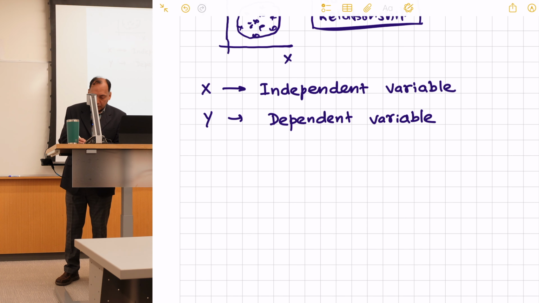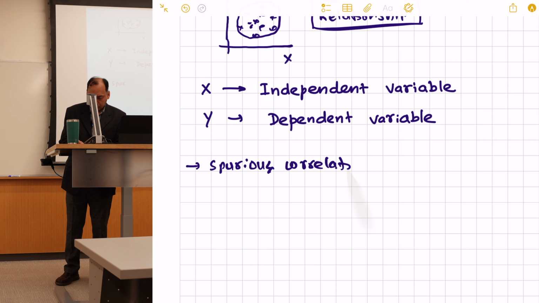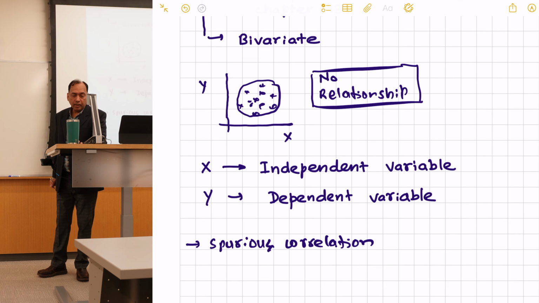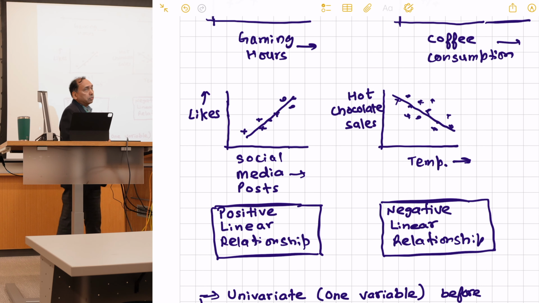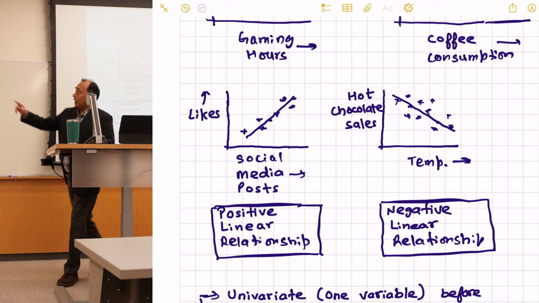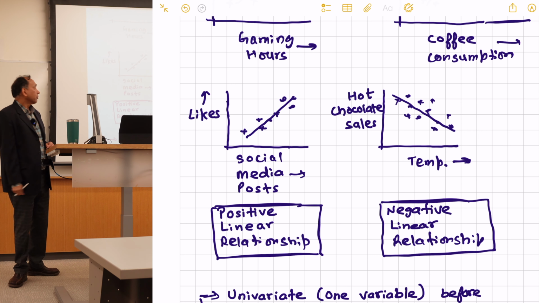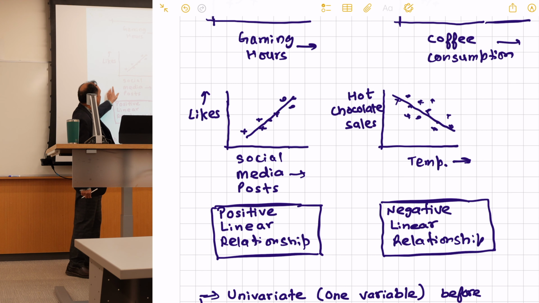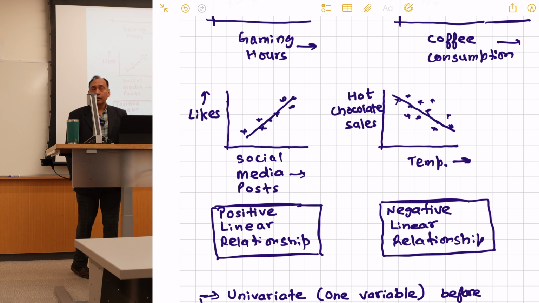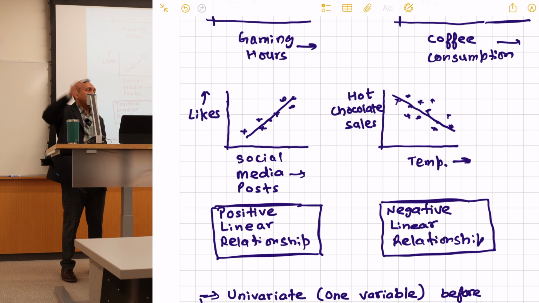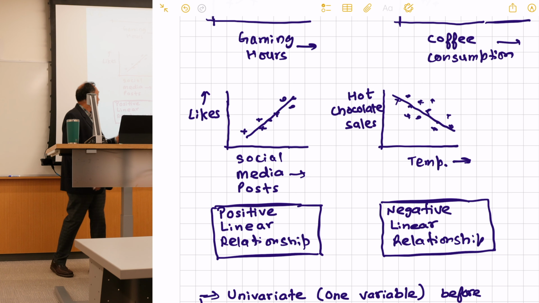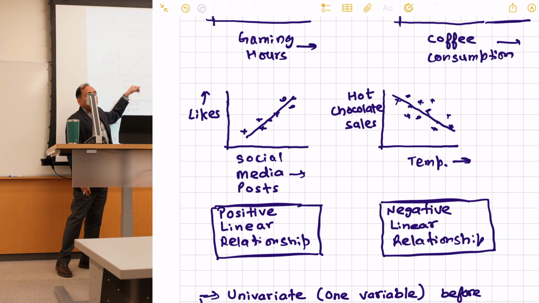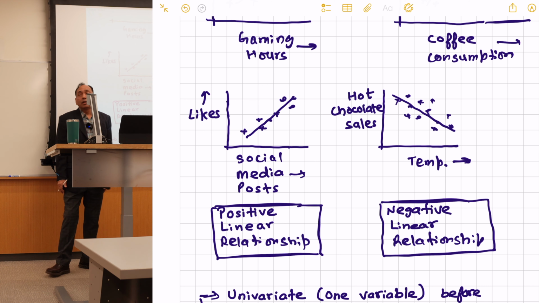There is also something called spurious correlation. When we study the relation between two variables, we should not be surprised when we make a scatter plot. If you plot the number of social media posts and how many likes you get, and you see it is increasing, that should not come as a surprise, because more of this will lead to more of this.